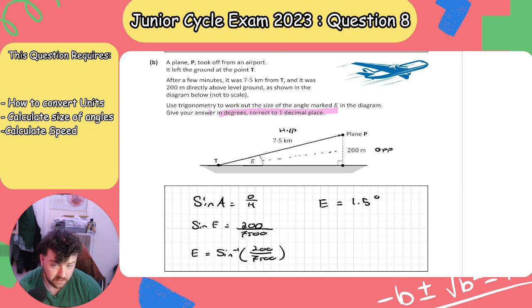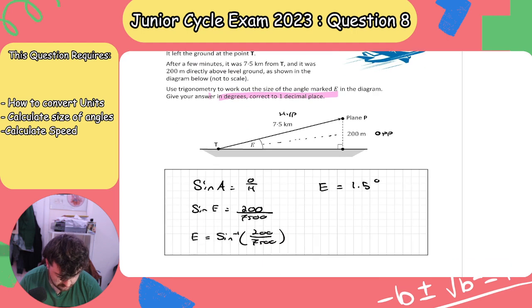Yeah, 1.5 degrees. I don't see how my maths would be wrong there. That's odd, unless I'm wrong and someone wants to correct me. Let me just test something really quick.